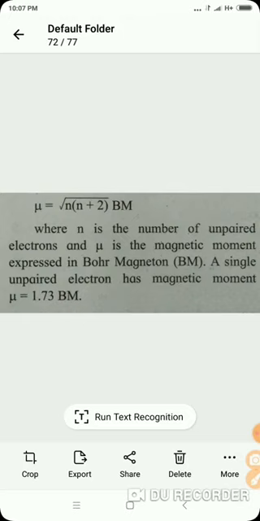Now listen, an example: when we put n equal to 1, meaning only one unpaired electron is present, then on calculation the magnetic moment is found to be 1.73 BM.